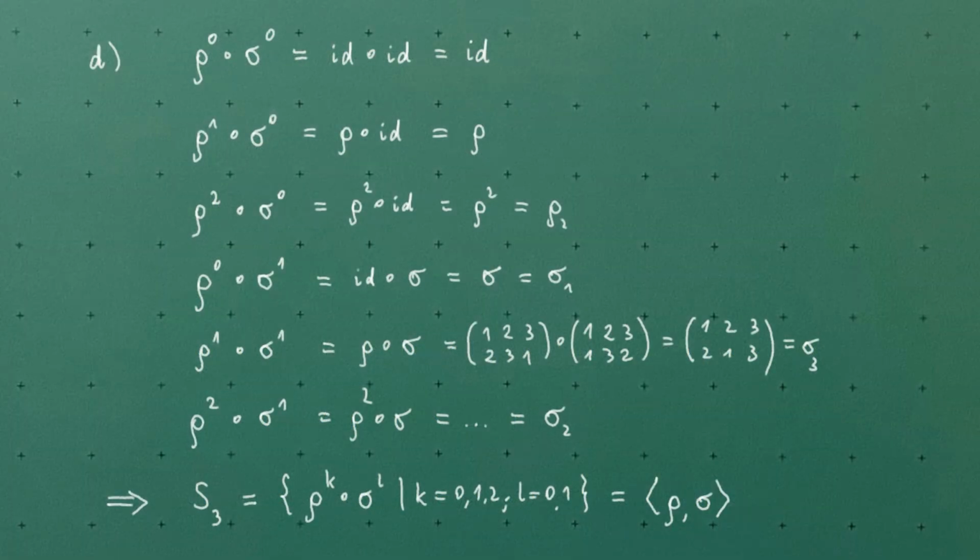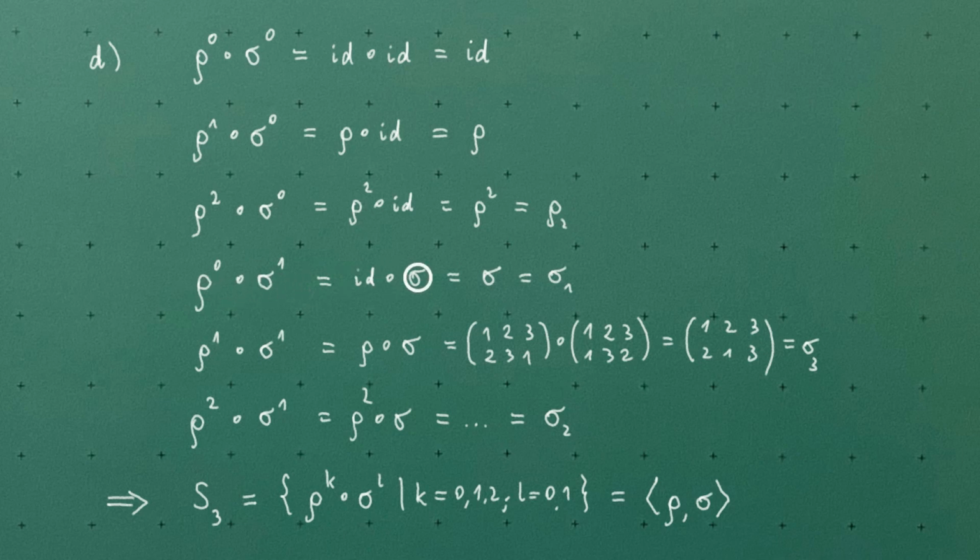We simply write down all the elements of the set on the right-hand side, so all the powers of rho composed with all the powers of sigma, and here, of course, we get the identity. Rho to the 1st power composed with sigma to the 0th power, which is nothing but the identity, is rho, of course. Then here we get rho squared, which is nothing but rho sub 2.